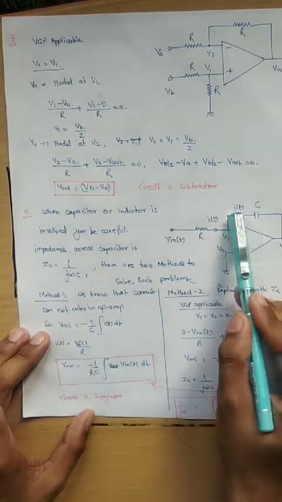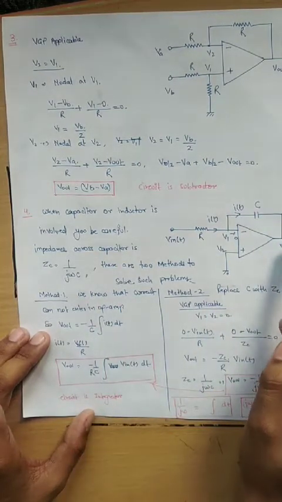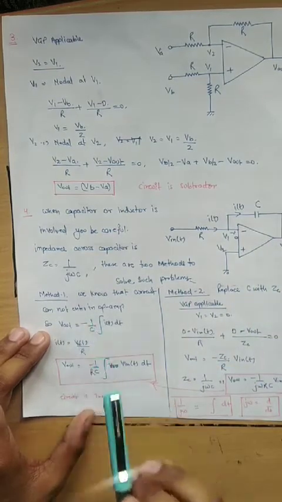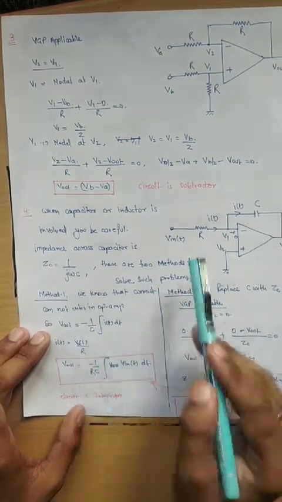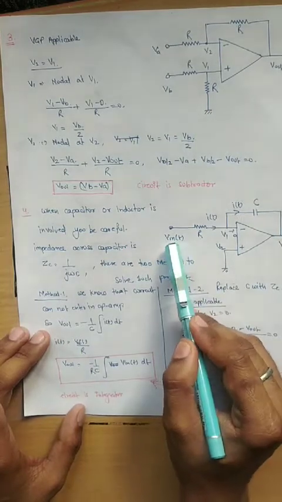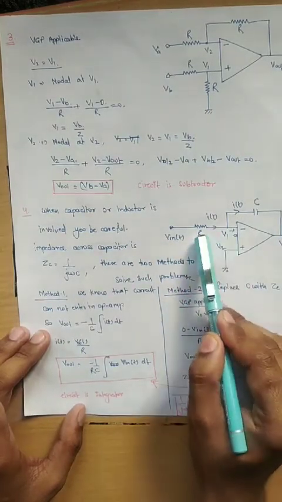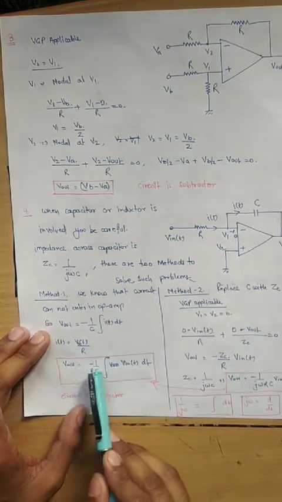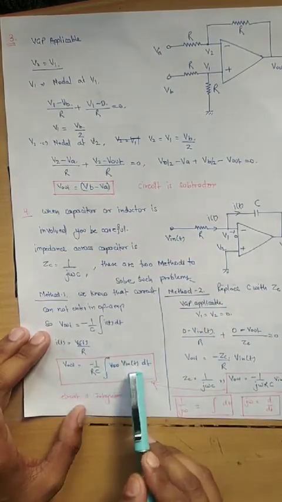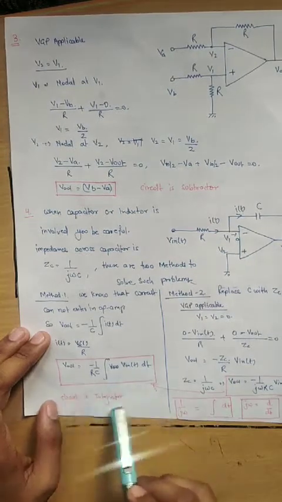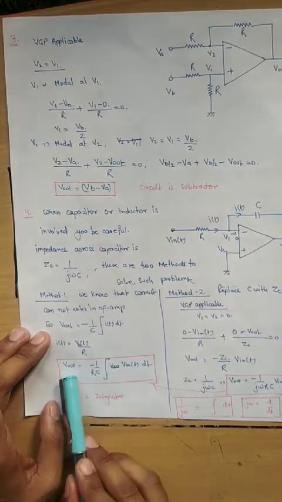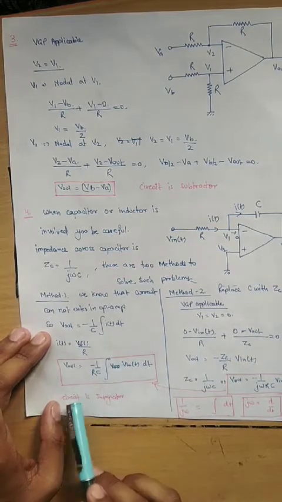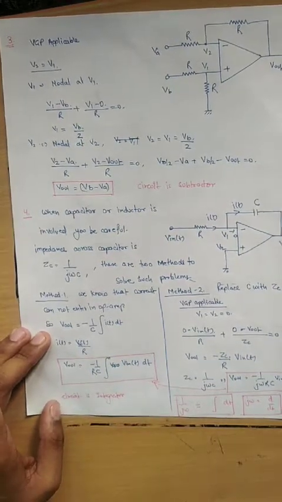Why minus sign? Because current is incoming from the Vout. If current was outgoing from the Vout, then it would be plus. And what is IT? IT is equal to (Vin minus 0) divided by R, means Vin divided by R. So Vout is equal to minus 1 by RC integral of Vin dt. So in this circuit, the relationship between input and output is given by integration. That is why this circuit is called an integrator.